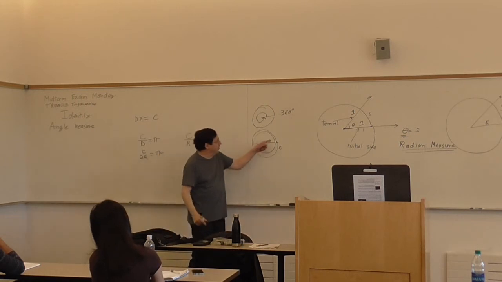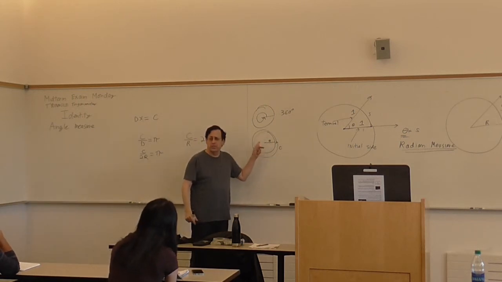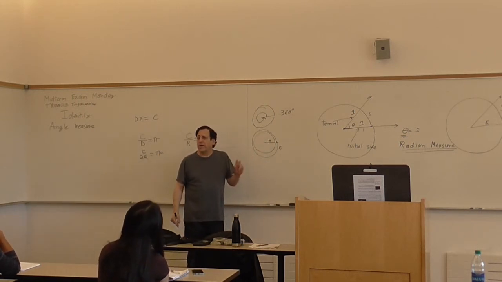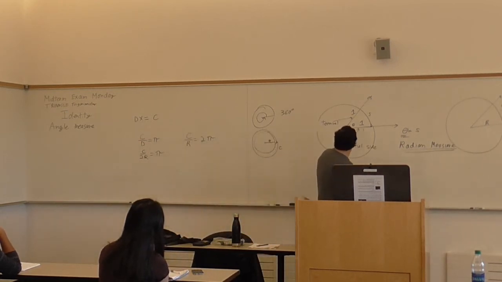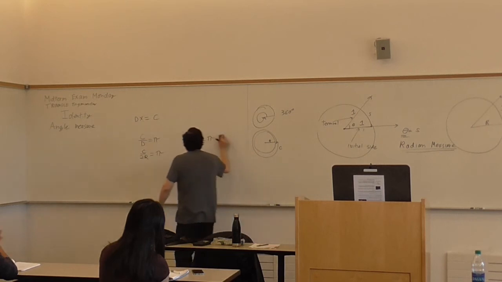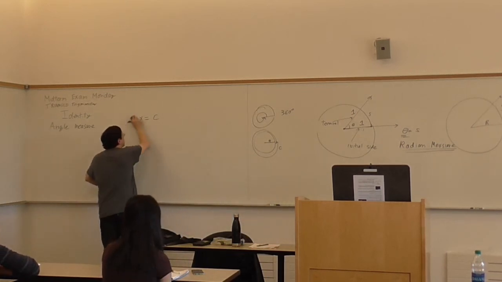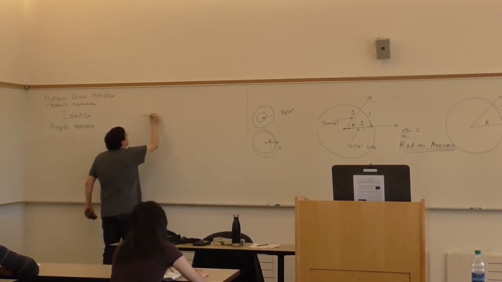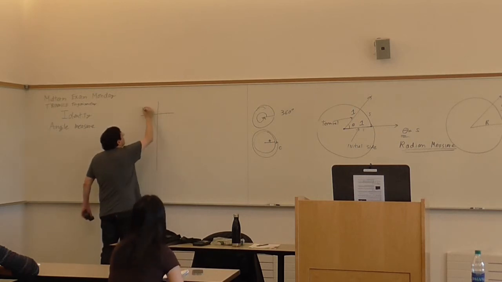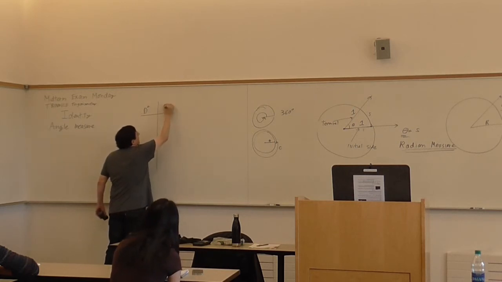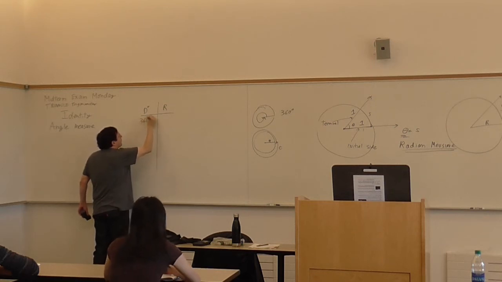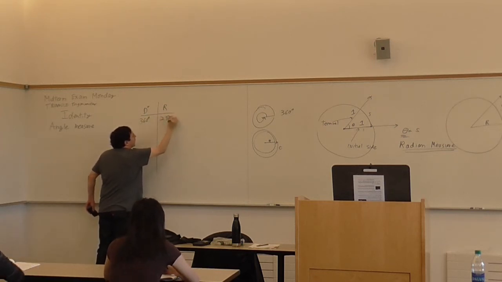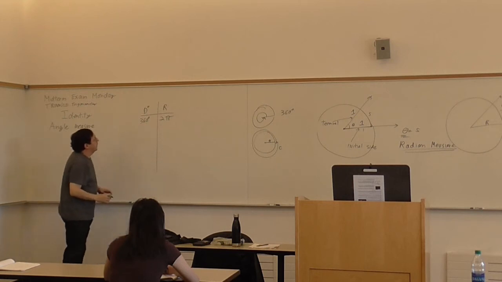That is to say, the radian measure around a circle is 2 pi. So I think we need a little chart here. Degrees and radians. So 360 degrees is 2 pi radians.